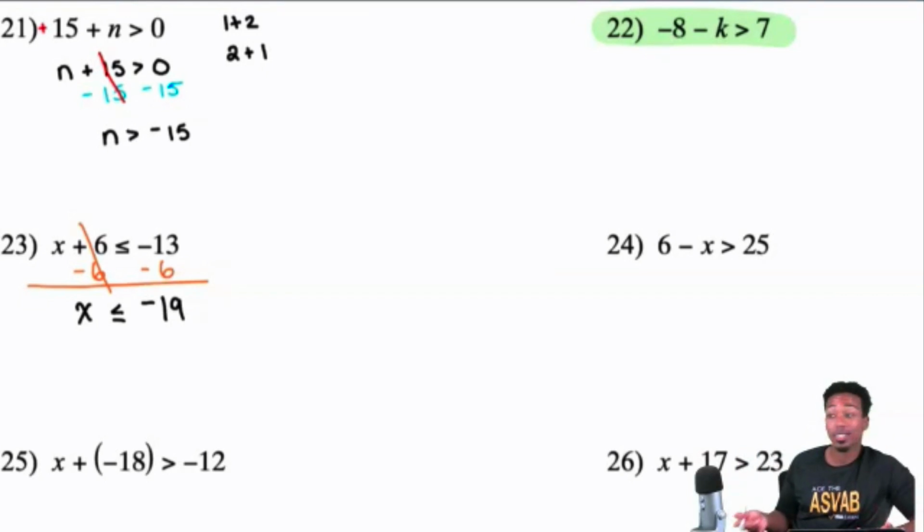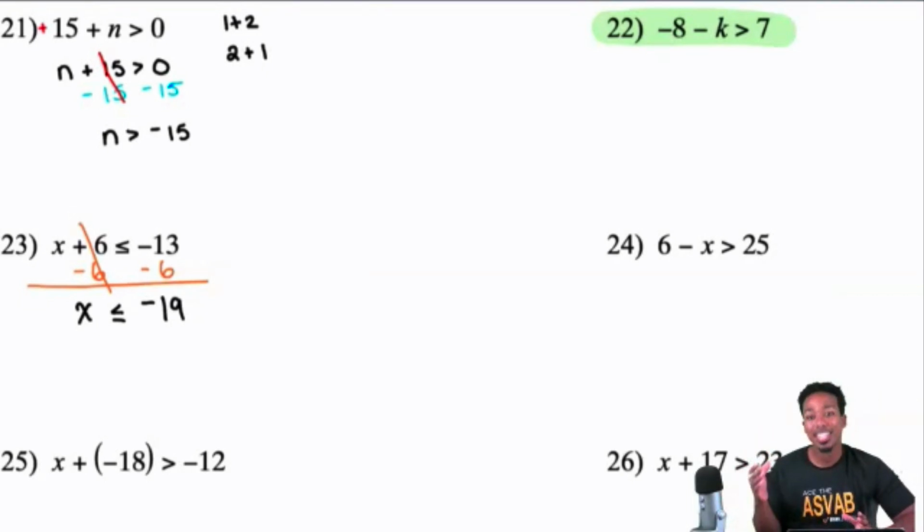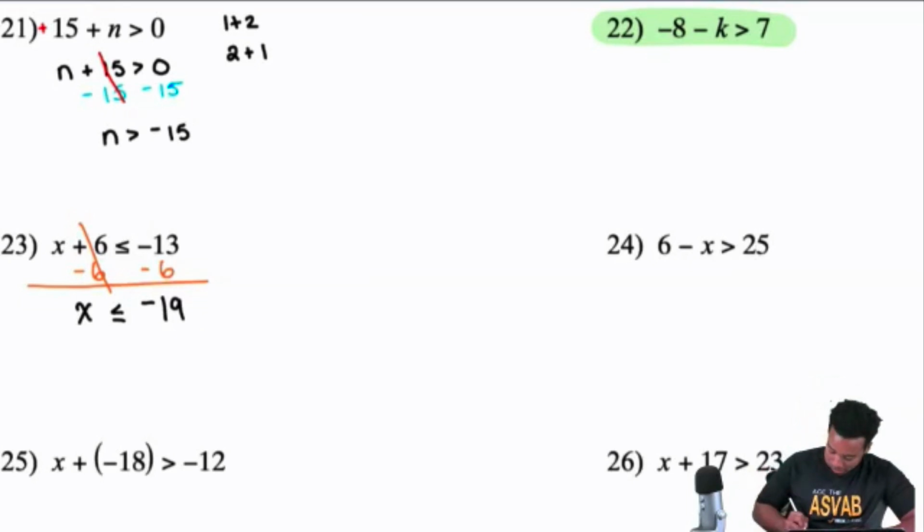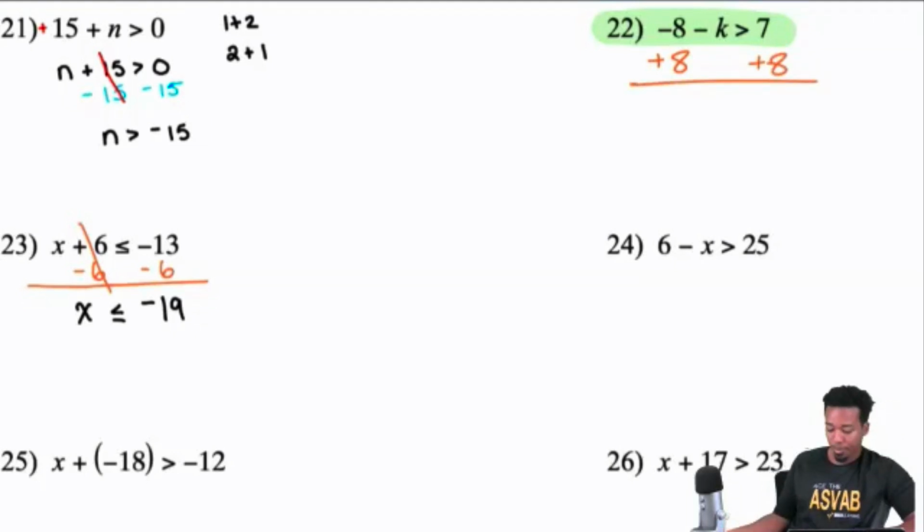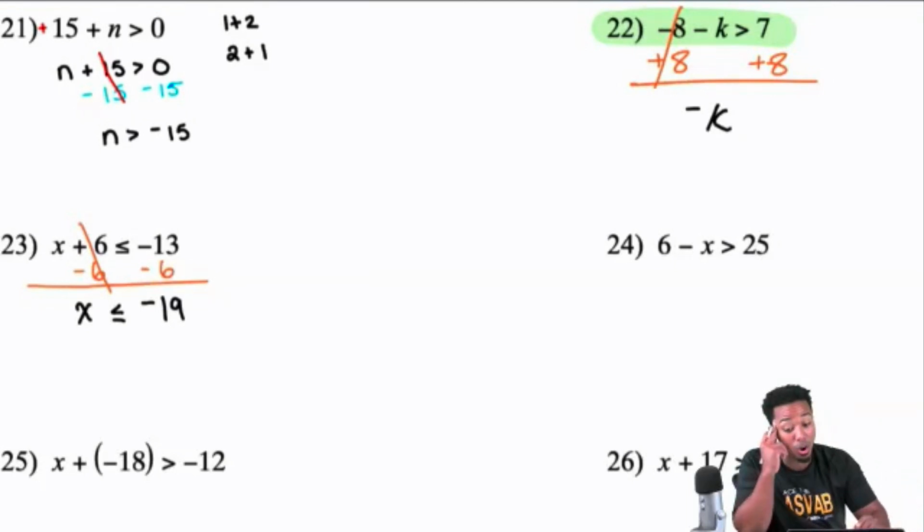That's right. The opposite of subtraction is addition. You can treat that as a negative 8, or as minus 8. Either way works. The opposite will be adding 8. And boom. Does the negative on the k stay there, or does it disappear?